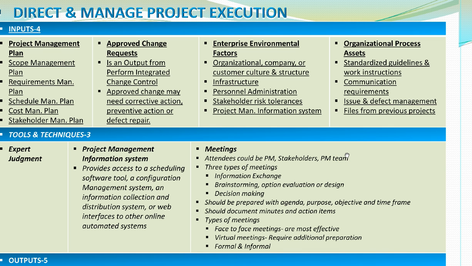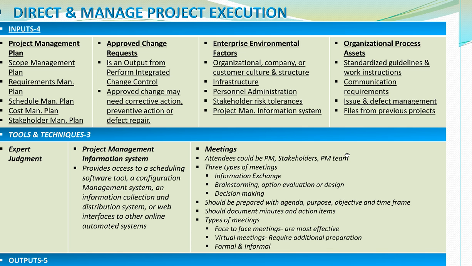Now there are 3 different types of meetings. In one meeting, information is exchanged. In the second meeting, they can all sit together and brainstorm. They can evaluate options or even design.